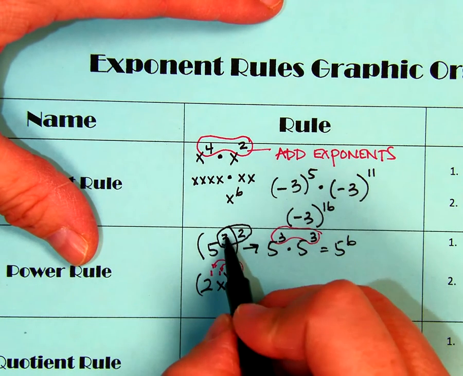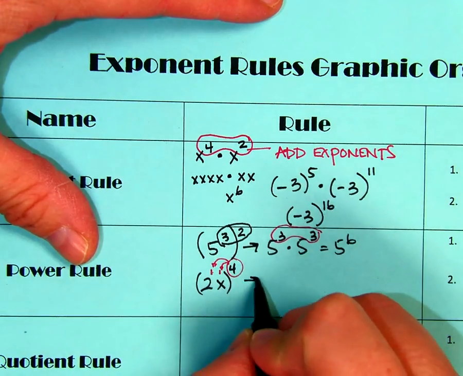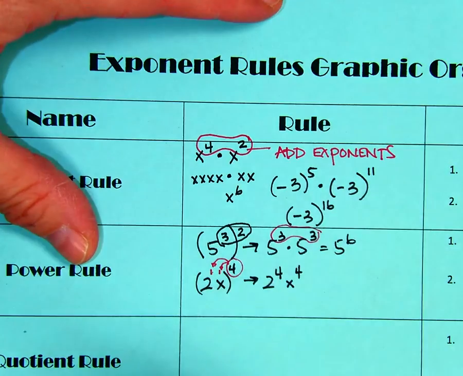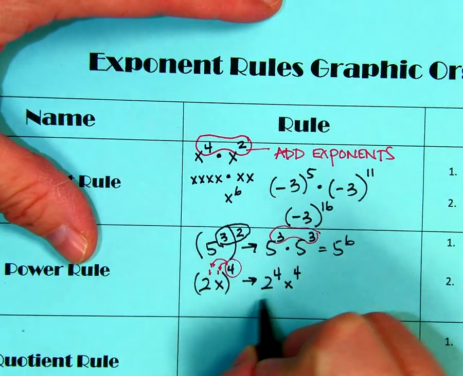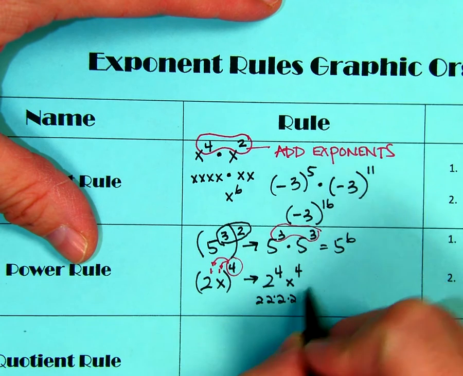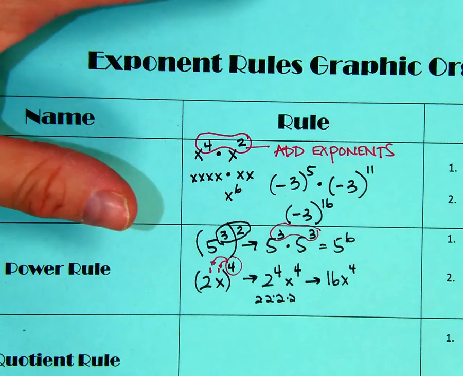So just like up here, I multiply the exponents. So I multiply the exponent of 1, which is understood, times the 4, which gives me 2 to the 4th, x to the 4th. 2 to the 4th ends up being 2 times 2 times 2 times 2, which gives me 16 x to the 4th.